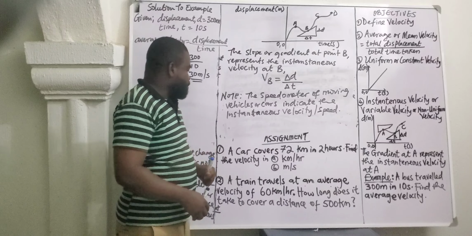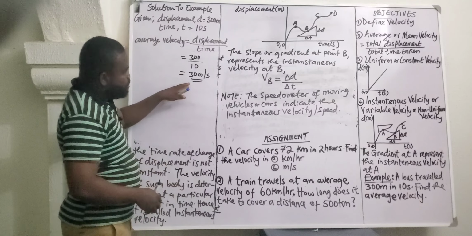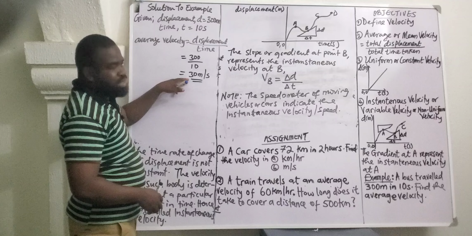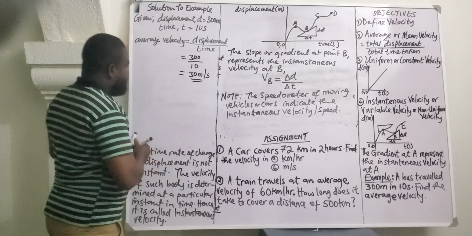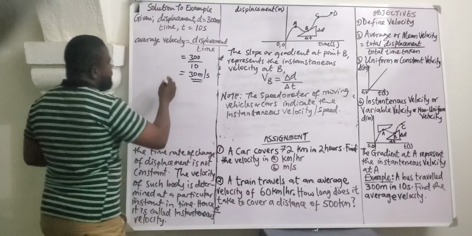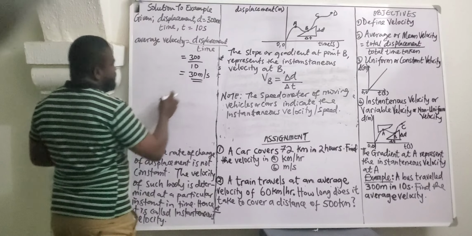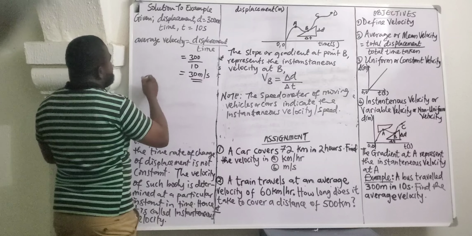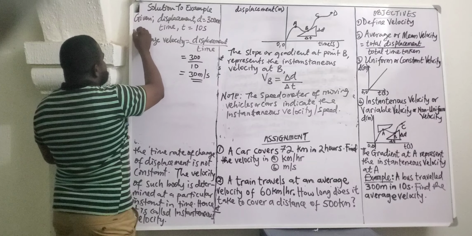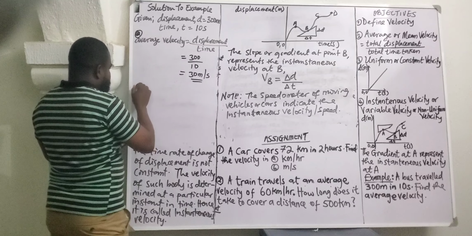Now, I want to show you that you can also convert from meter per second to kilometer per hour. So let me assume that I'm looking for the velocity or average velocity in kilometer per hour. Let me take this now as option A. So let this be what?